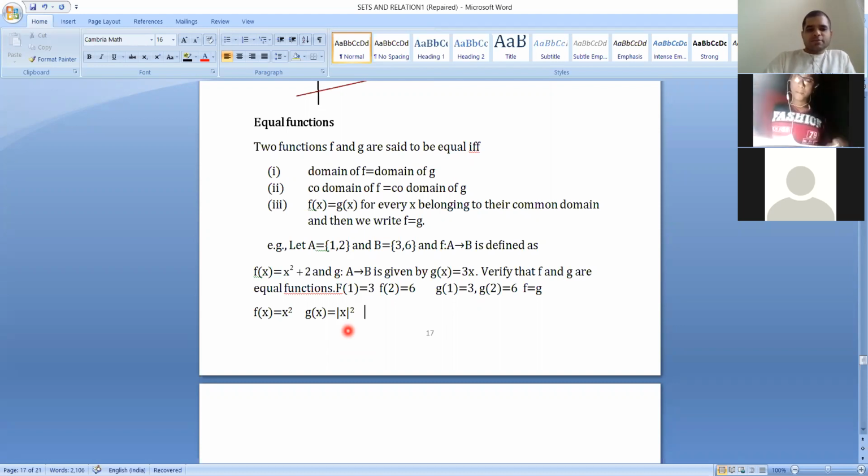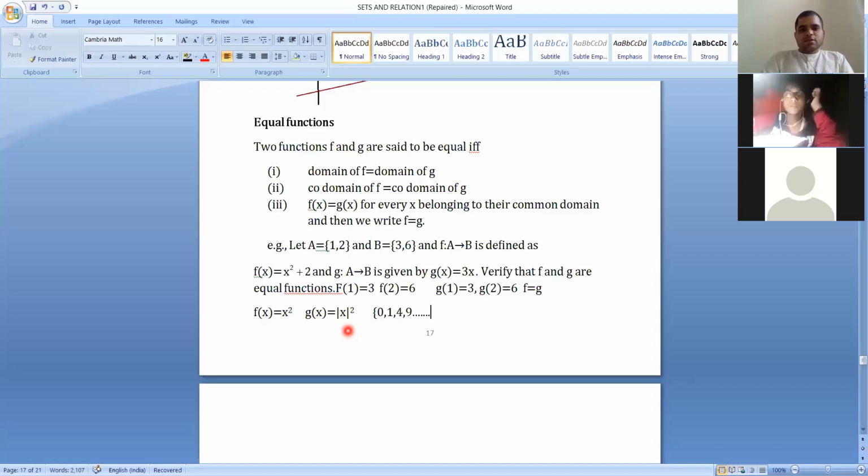What will be the range of these functions? All positive integers starting from 0. Sorry, not all the integers, the squared ones. First it will be 0, then 1, then 4, then 9, in this way, 16.